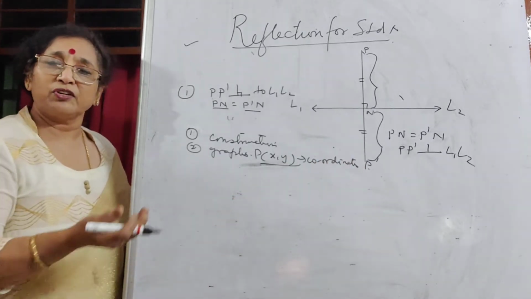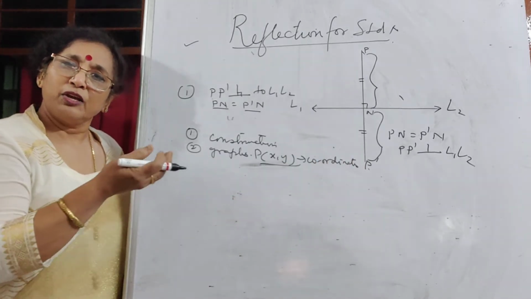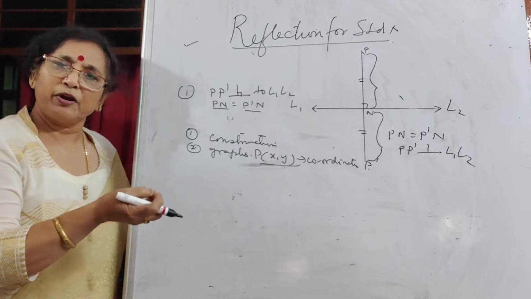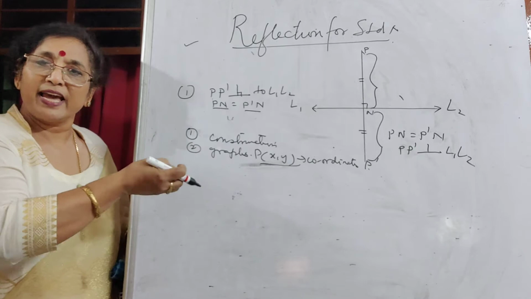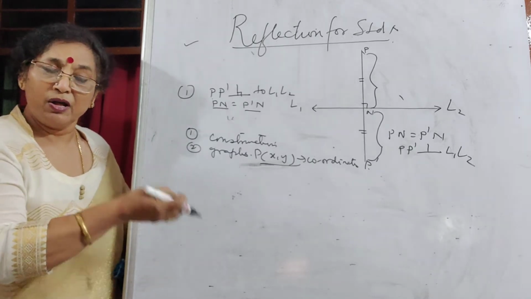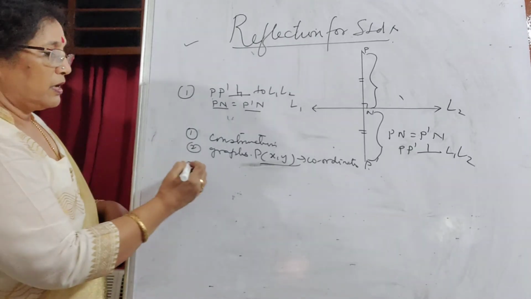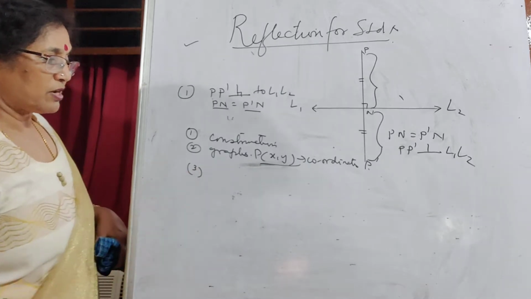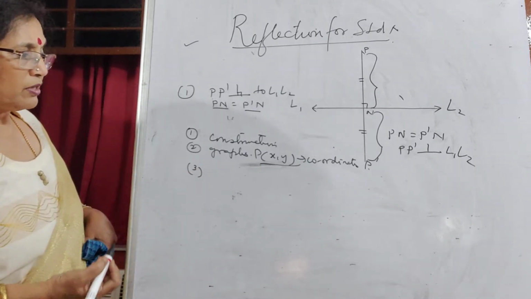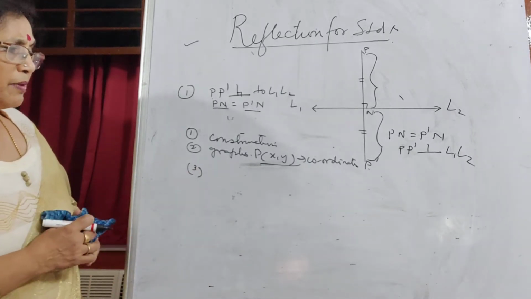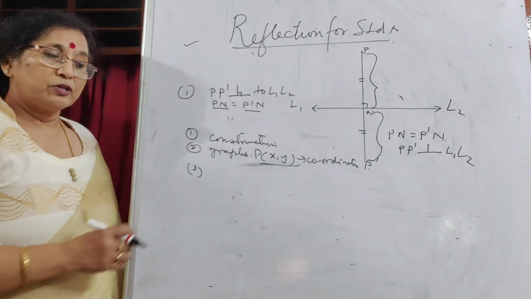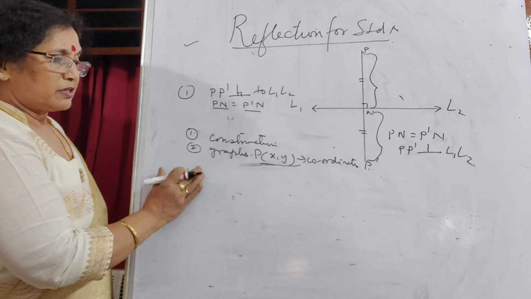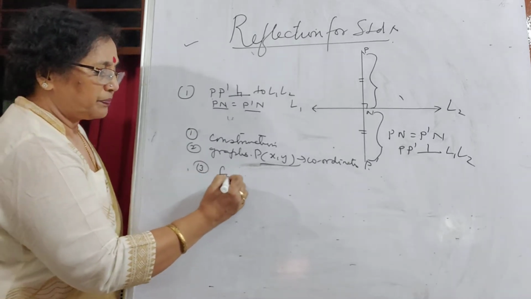If you are using graphs, you take the x-axis and y-axis, so you take the location of the point by measuring its distance from the y-axis and x-axis, that is x comma y respectively. Third one is formula.